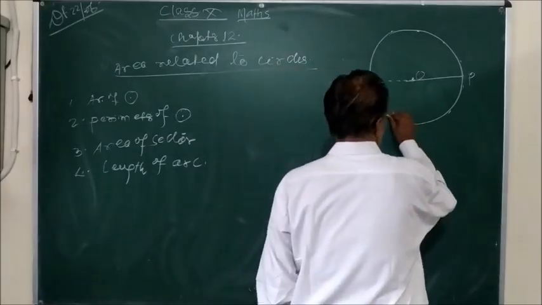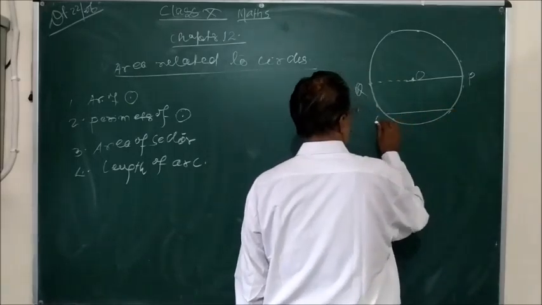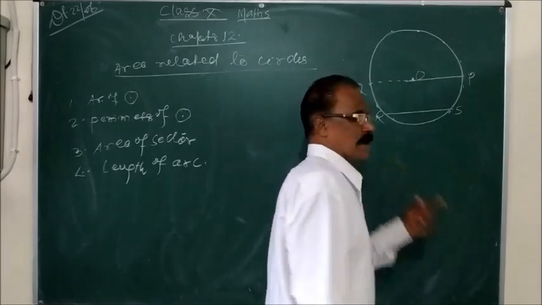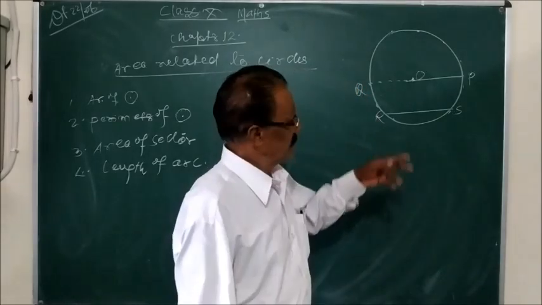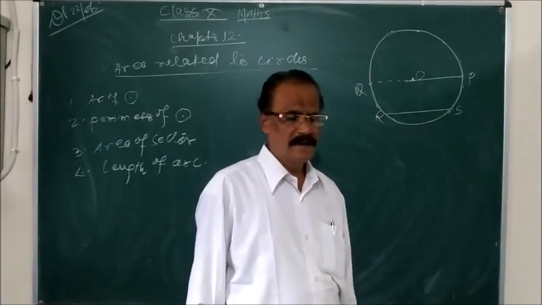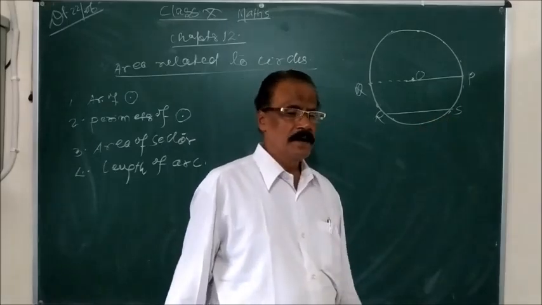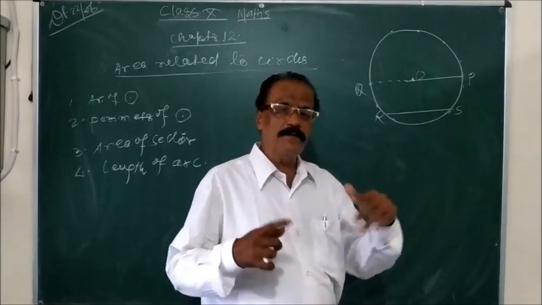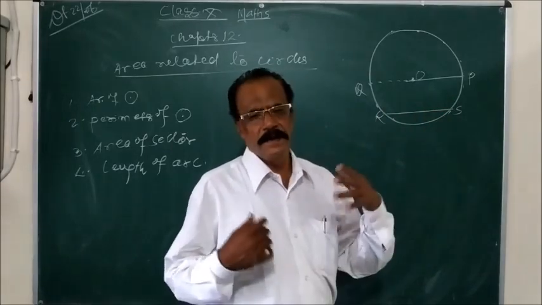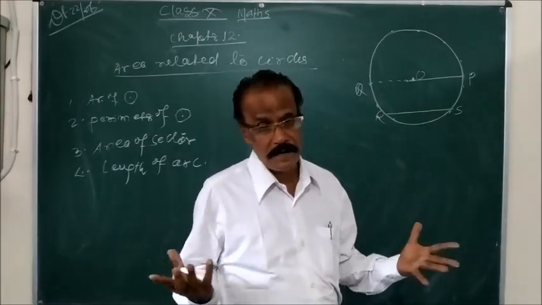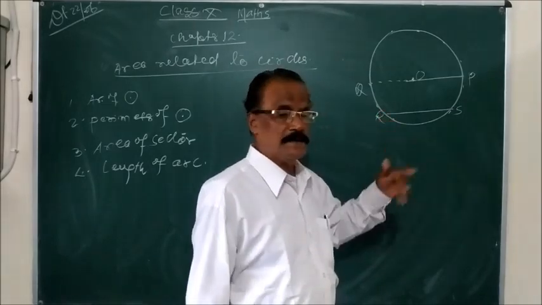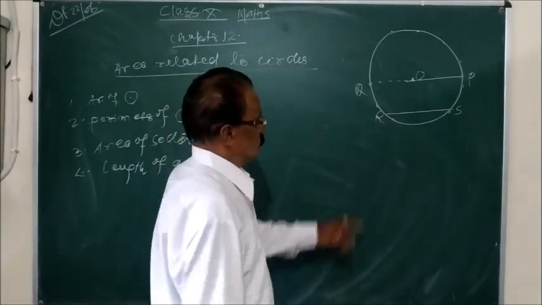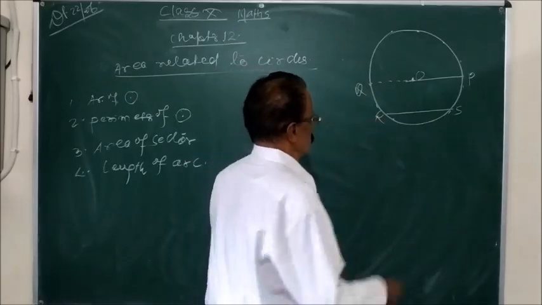If this is another point R and this is S, what is this line segment called? It is called a chord. A chord is a line segment which touches any two points on the circle. It may pass through the center or not, but the chord which passes through the center is called the diameter. So diameters are chords.